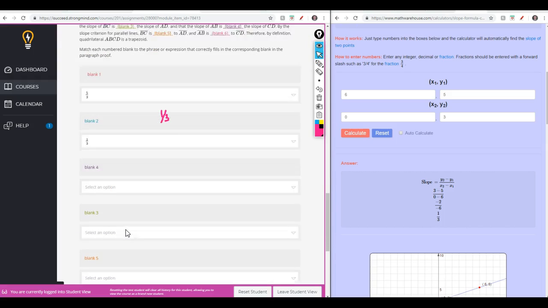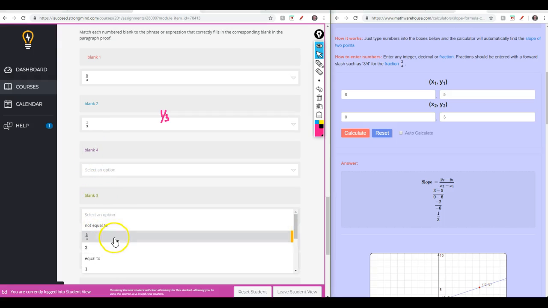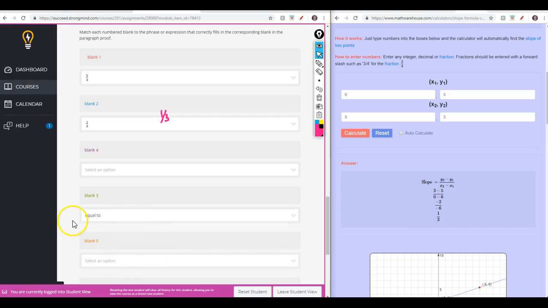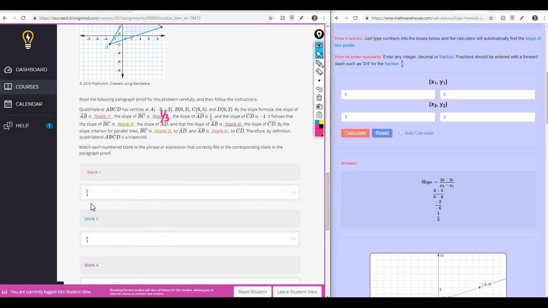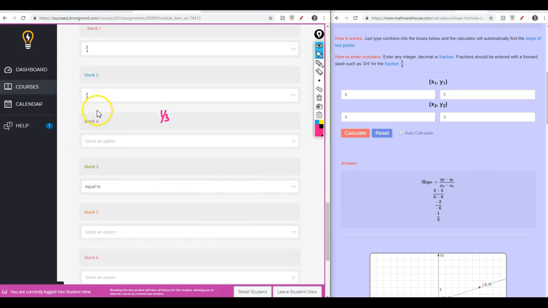For blank 3, I'm not sure why blank 4 is right there, but for blank 3, they are equal to each other. And the slope of segment AB is blank the slope of segment CD. Segment AB was 5/3 and segment CD was -1, so they're not equal. So blank 4 is not equal to.